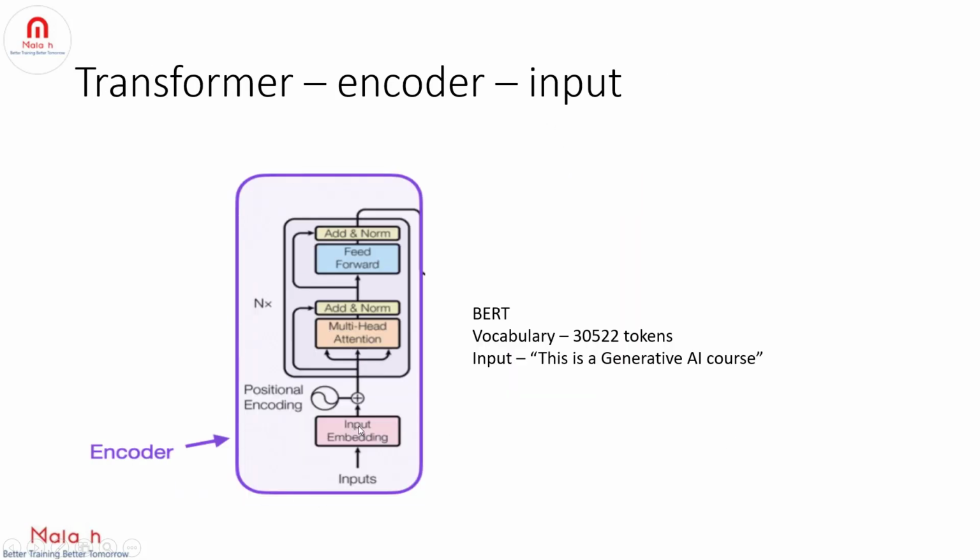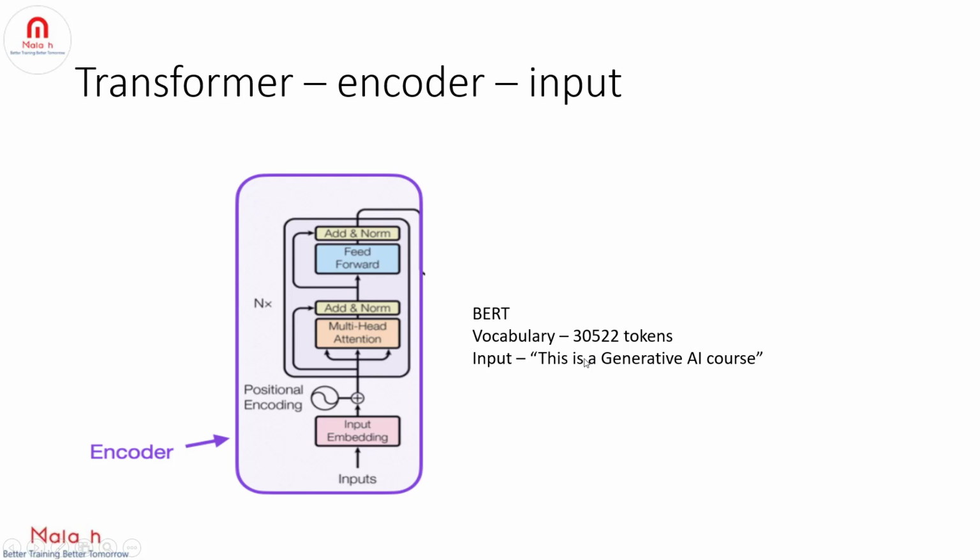This is the encoder piece, and as I said, BERT is an encoder model. Assume you are using the BERT model, which is an encoder based, transformer based language model, and BERT uses a vocabulary of 30,522 tokens. These are unique tokens or words, achieved through WordPiece tokenization, which breaks words into subword units.